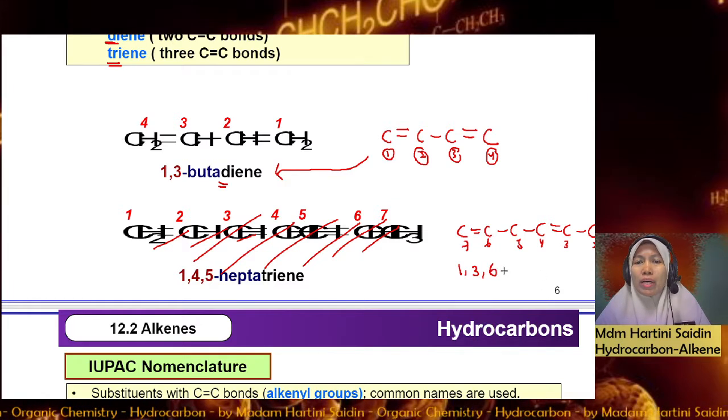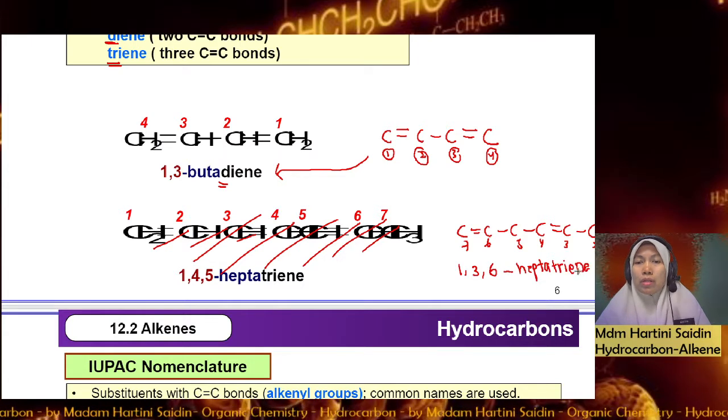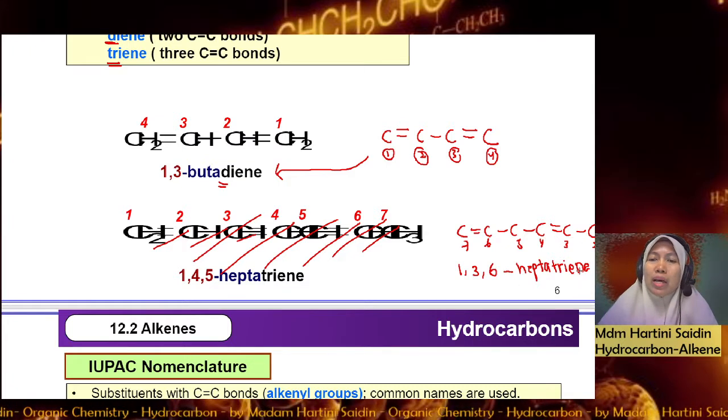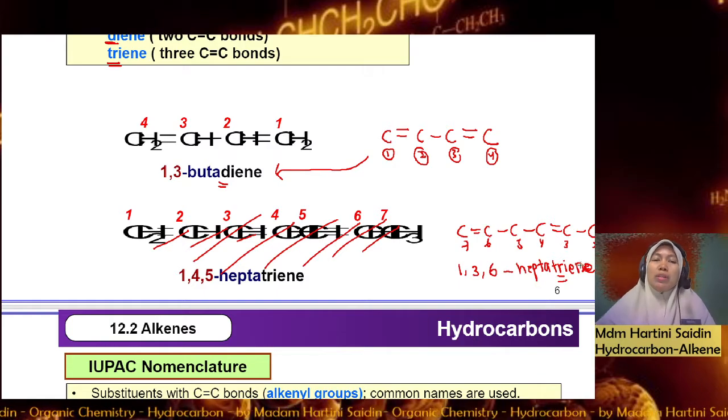Okay, so if there are 3 carbon-carbon double bond, so the name is heptatriene. Okay, so 1, 3, 6, heptatriene. Why heptatriene? Tri means 3. There are 3 carbon-carbon double bond.